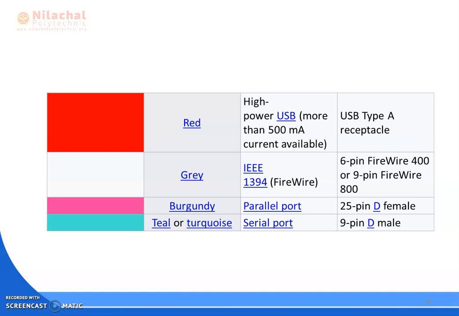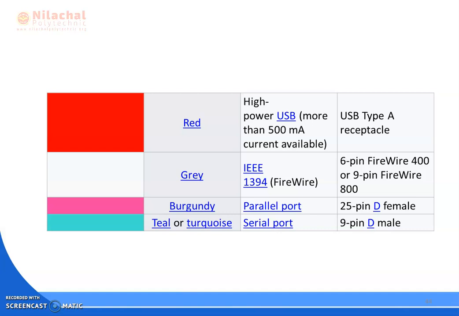Next are the parallel ports. A parallel port is a connector for a device that sends or receives several bits of data simultaneously by using more than one wire. These parallel ports are 25-pin D female ports, of burgundy color.